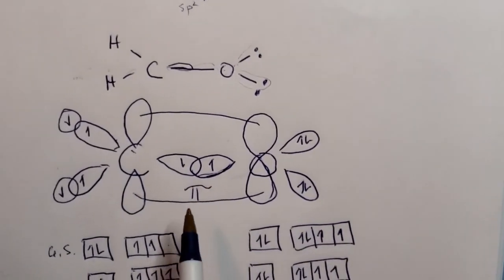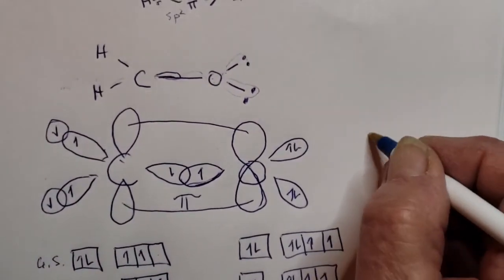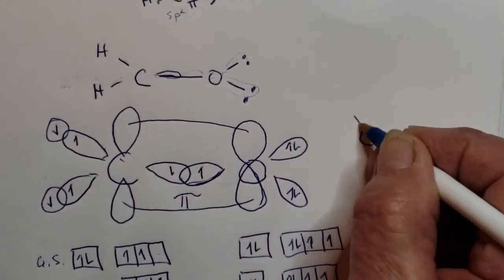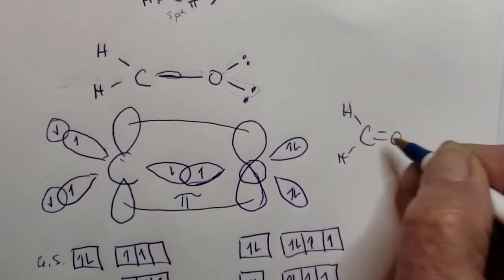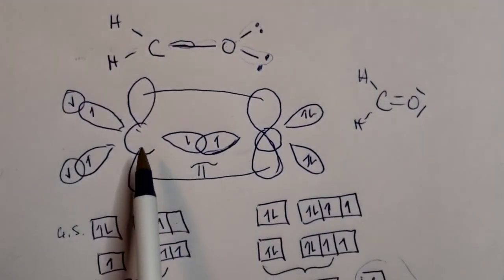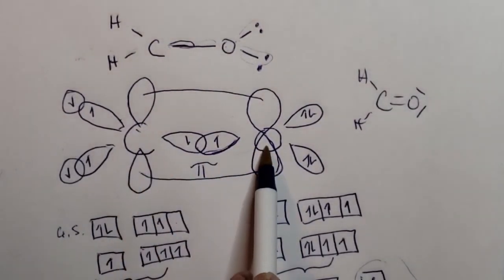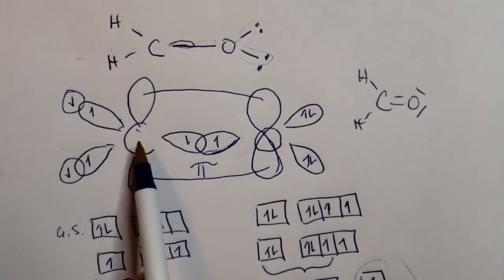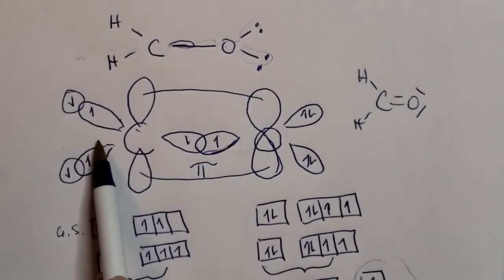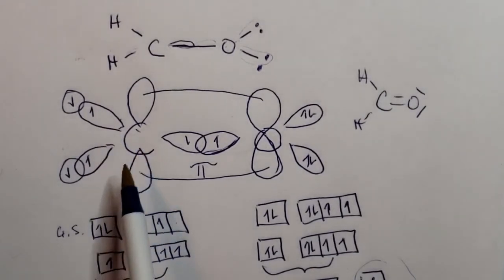So orbital-wise, this is essentially what this molecule looks like. The molecule C double bond O, H, H, H2CO. In an orbital sense, then, the sigma bond that's formed between the carbon and oxygen goes right down the middle. It's formed by the hybrid orbitals that the carbon has. And the sigma bonds with the hydrogens, likewise, are the other two hybrids that the carbon has.